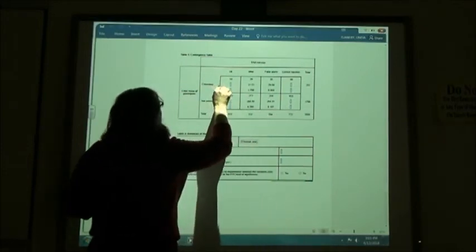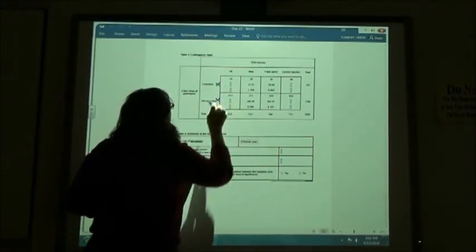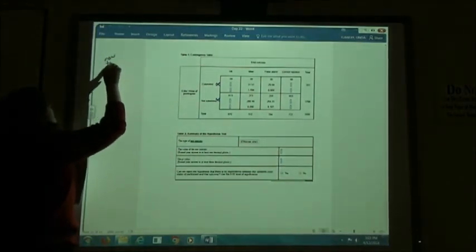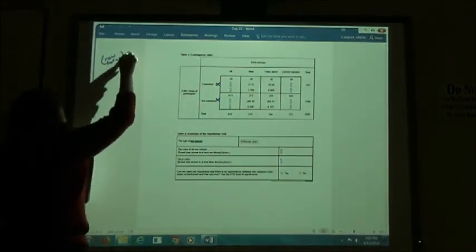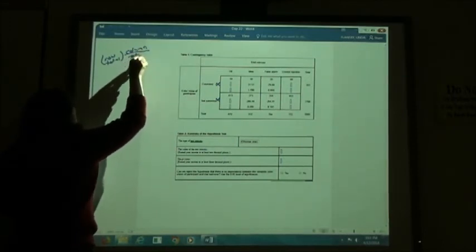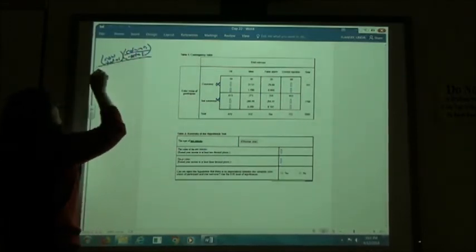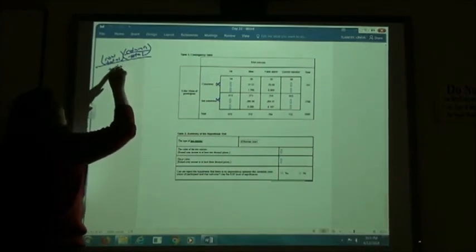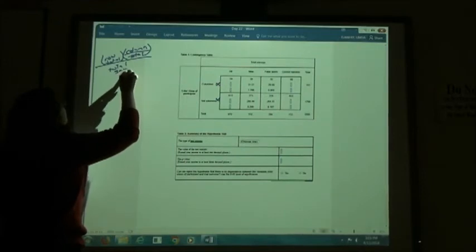I'm going to move it down a little bit. This one and this one. We are using our formula: row total times column total, divided by the total sample size.